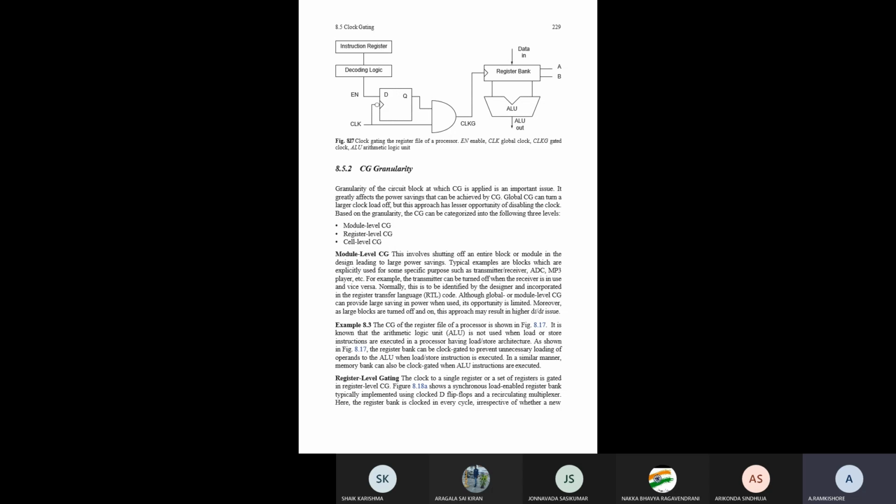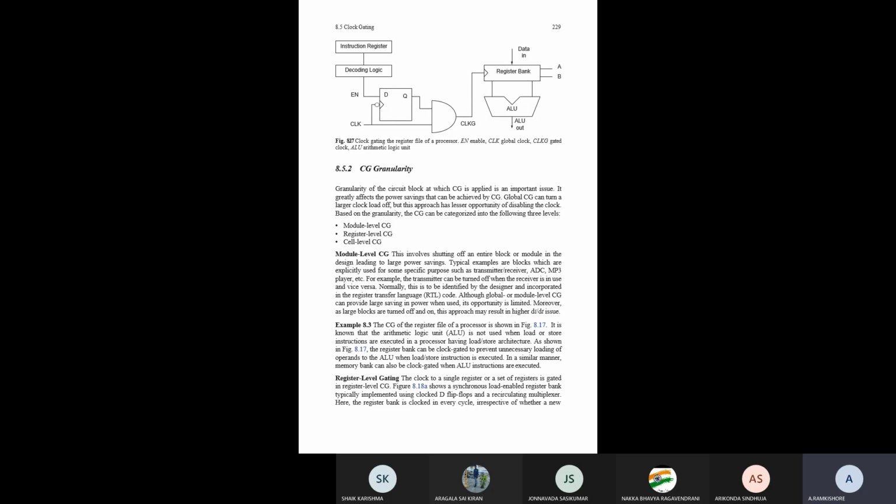We have different clock gating techniques: module level CG, register level CG, and cell level CG. In different parts we have to use the clock gating circuit. Let us see what module level CG means.